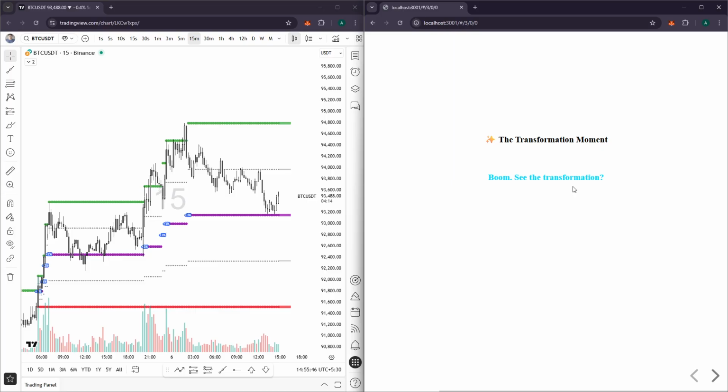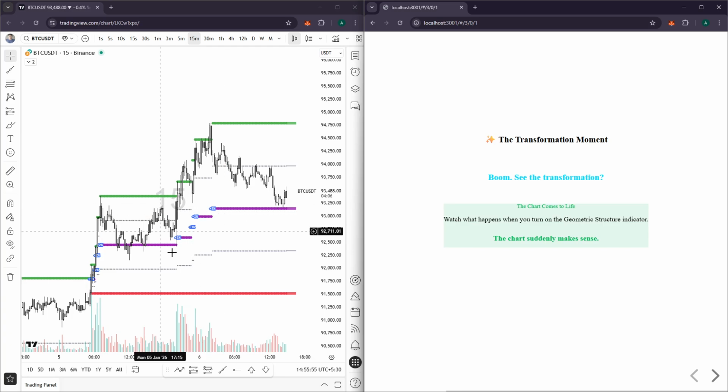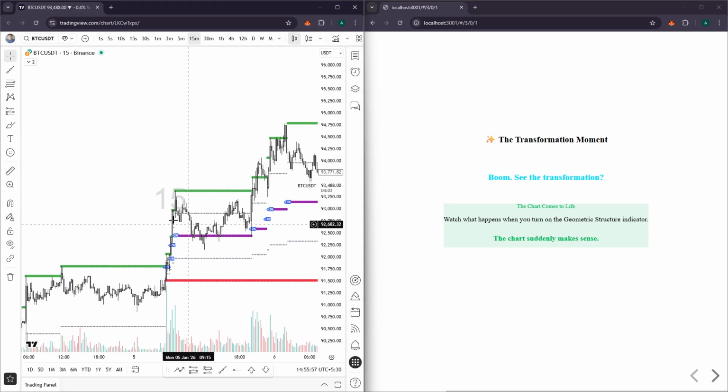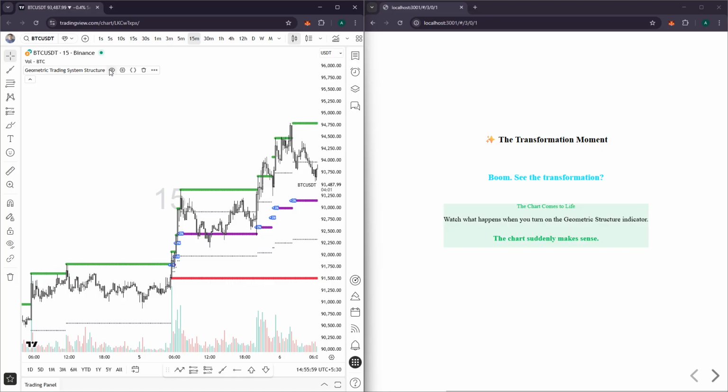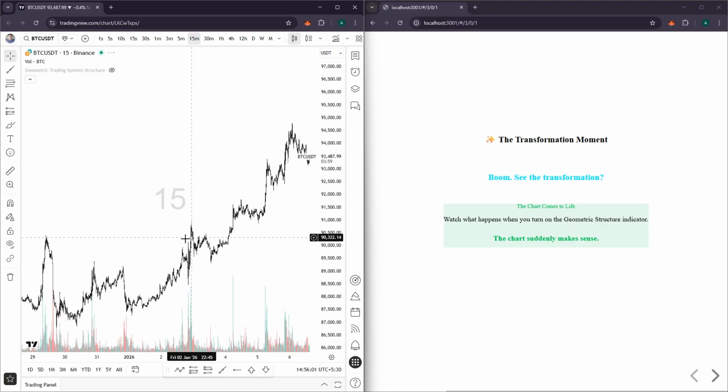Now you can see the transformation, the chart comes to life. When I disable that, the chart is not making much sense.